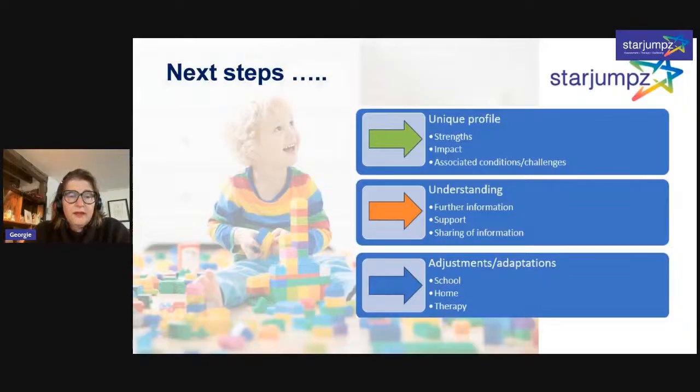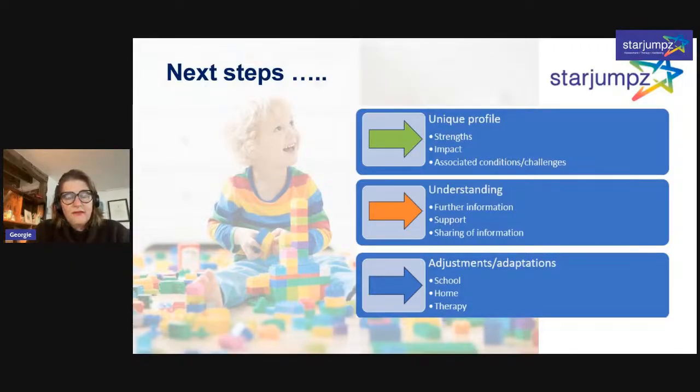And then next steps. As I said, I can have the same age child, a boy or girl, with exactly the same list of diagnoses or associated challenges, and they will be completely different from the next child.